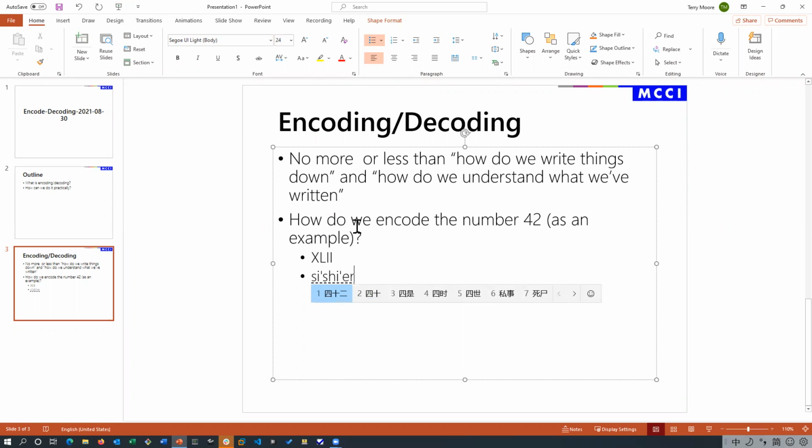So that's 42. This is, of course, 42. If we were to write 42 in octal, how do we write 42 in octal? Well, 40 is 5 times 8, so it would be 52 in octal.